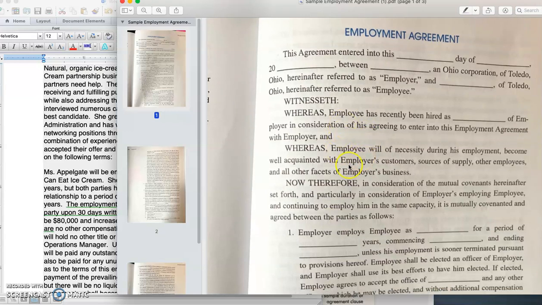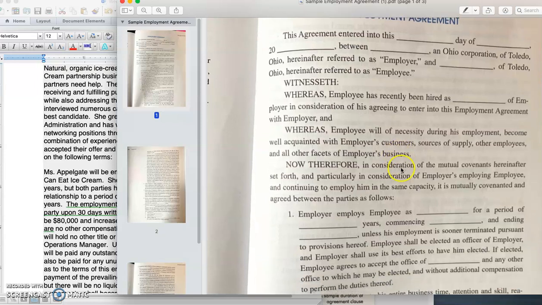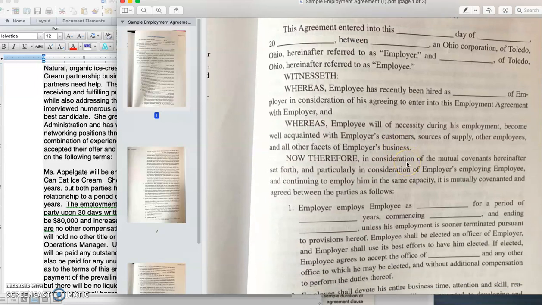And then you would continue down here. You could write whereas employee will of necessity during her employment become acquainted with employer's customs, sources of supply, other employees, and all other facets of employer's business. That's absolutely correct. That's good language to include in the contract and is relevant and would apply here, right?